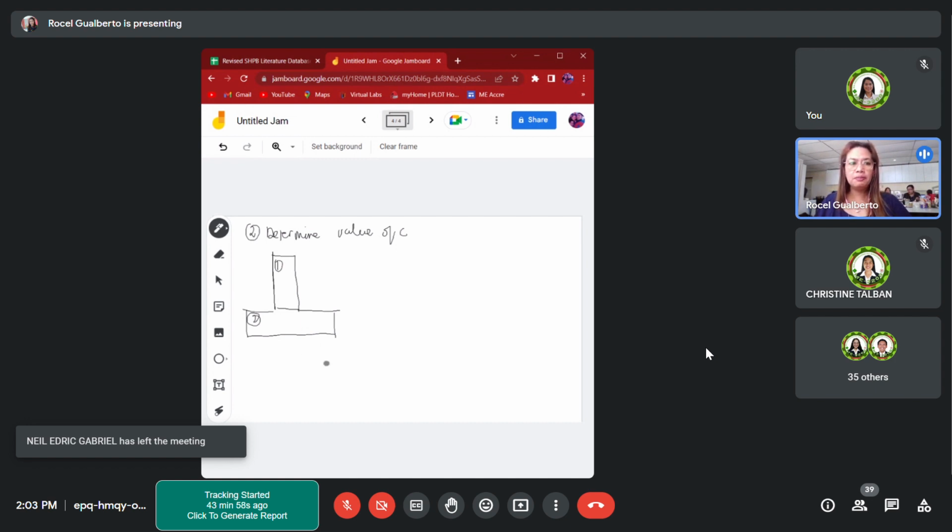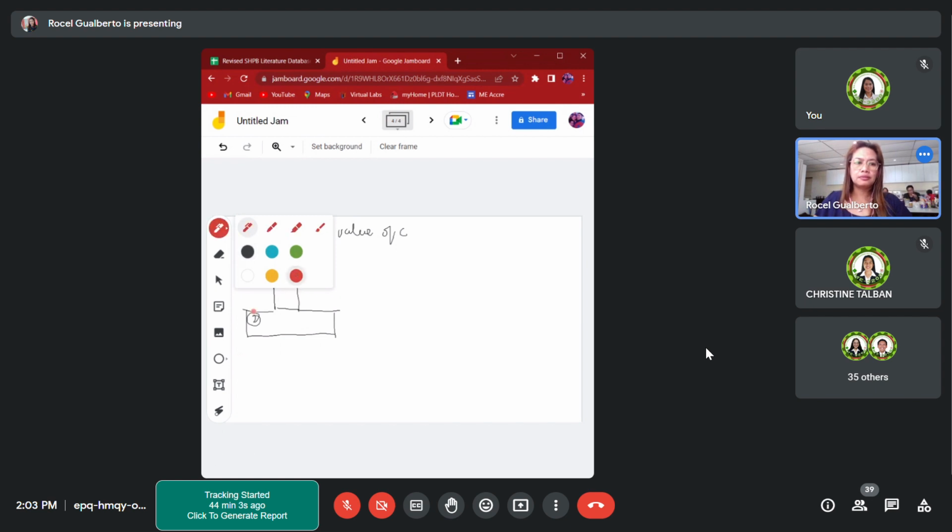And then, ilagay po ulit natin yung neutral axis. This NA is the neutral axis of the whole composite section. So, titingnan po natin ang distance nito sa ibaba at saka po sa itaas. Ito po yung sa taas, tapos ito yung sa baba. Yung sa baba po is equal to your y bar, which is 15 mm.